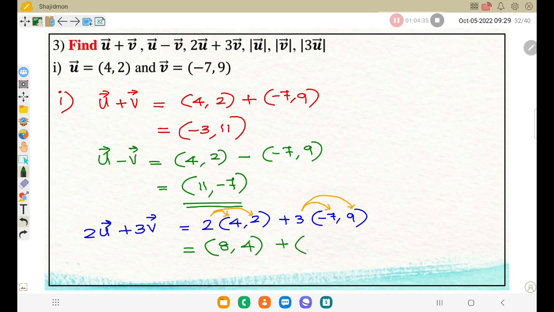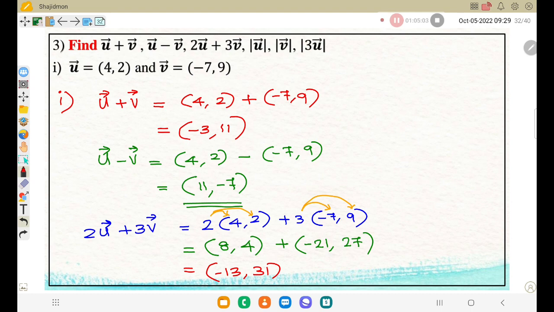Plus 3 multiply minus 7, minus 21. 9 multiply 3, 27. Now add them to get the vector. So first, 8 plus minus 21, minus 13. Then 4 plus 27, correct? 31. So this is the vector 2u plus 3v.